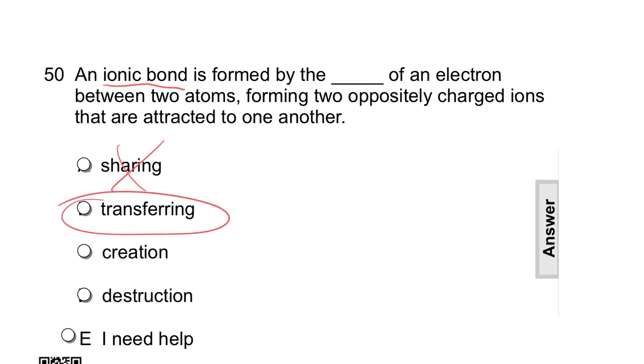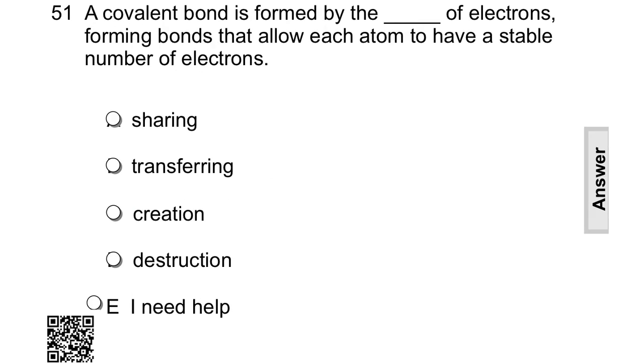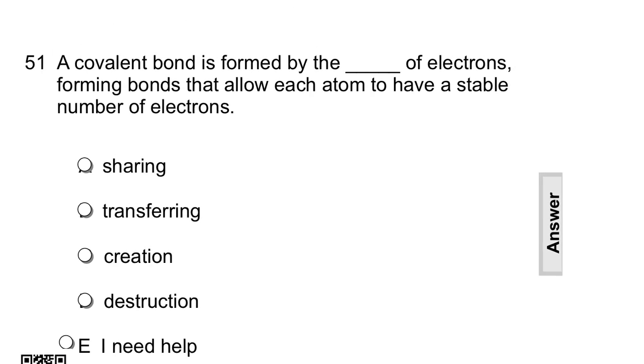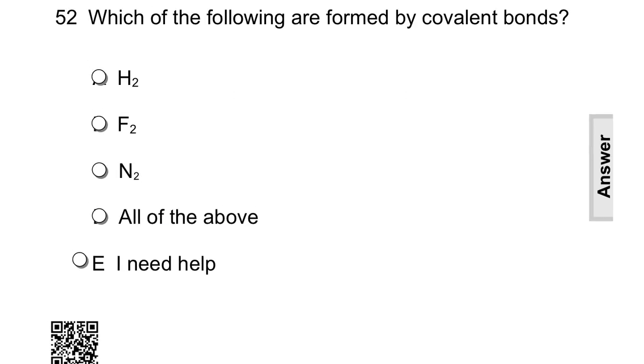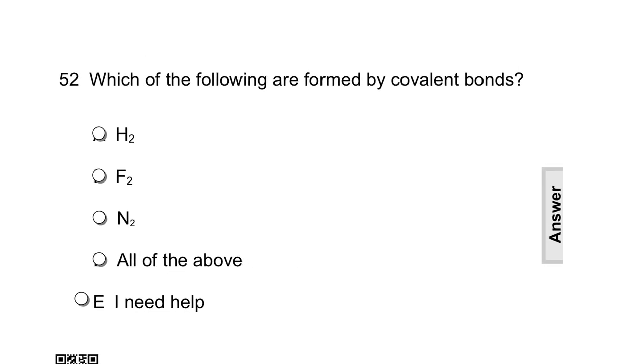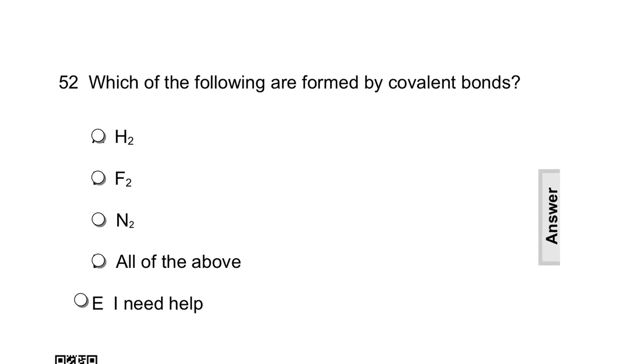So it's the taking and giving, or the transferring, of electrons. A covalent bond is formed by the sharing of electrons, between atoms that are all nonmetals.